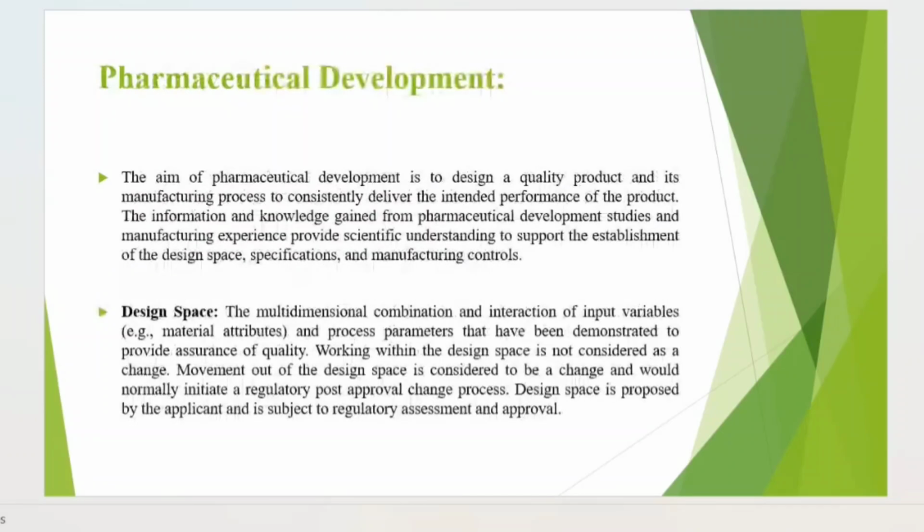Next is the aim of pharmaceutical development: to design a quality product and its manufacturing process to consistently deliver the intended performance of the product. The information and knowledge gained from the pharmaceutical development studies and manufacturing experience provide scientific understanding to support the establishment of the design space, specifications, and manufacturing controls.